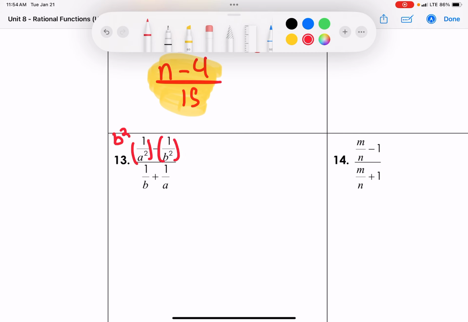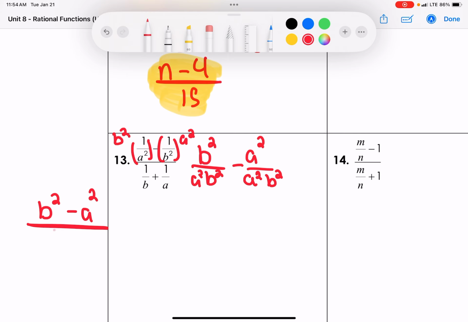Now I'm gonna have to multiply this side by a squared. So now that becomes, oh, this is gonna be tricky. This becomes b squared over a squared b squared minus a squared over a squared b squared. So now this becomes b squared minus a squared over a squared b squared.